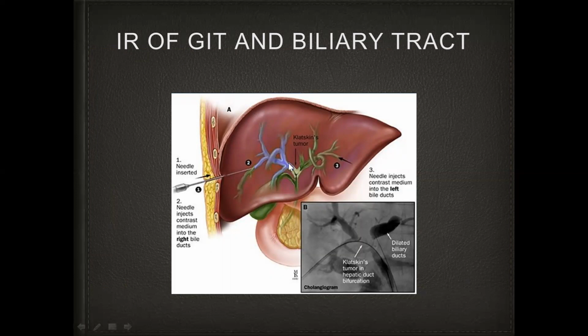This is a stricture, usually cholangiocarcinoma or other tumors, secondaries, sometimes benign, postoperative, or post-traumatic stricture. We bypass the stricture, put a guide wire, dilate it, then we can put a stent here to open the stricture.